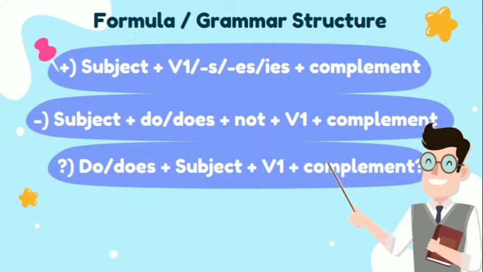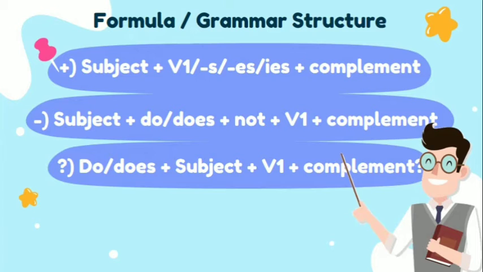In the negative form: subject, auxiliary verb do or does, plus not, plus verb 1, plus complement. And the interrogative form: auxiliary verb do or does, plus subject, plus verb 1, plus complement.